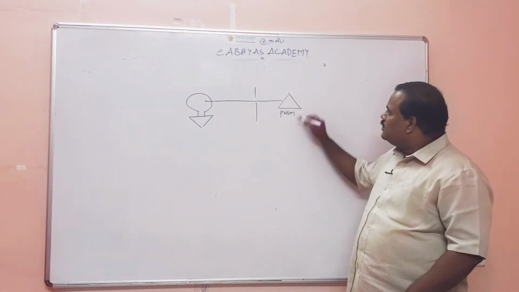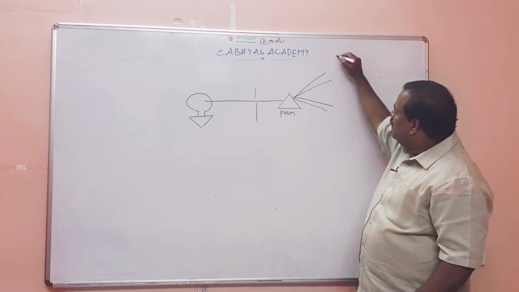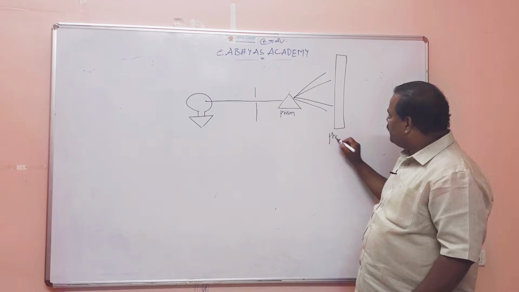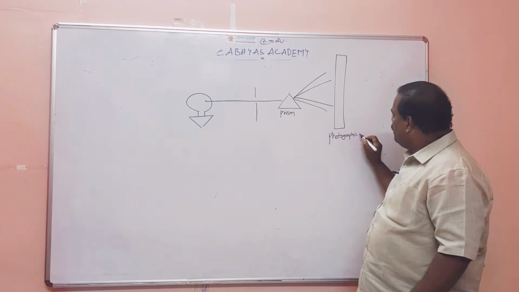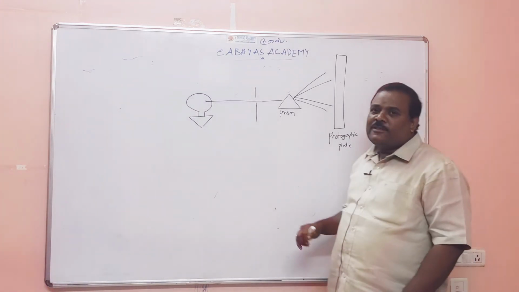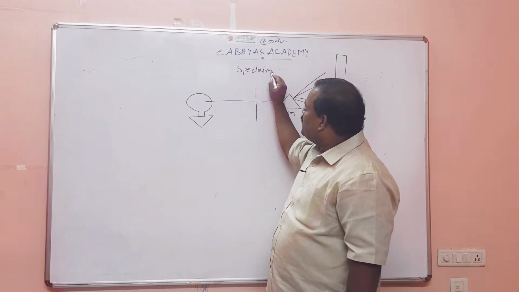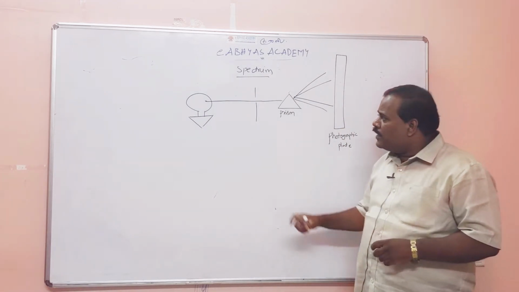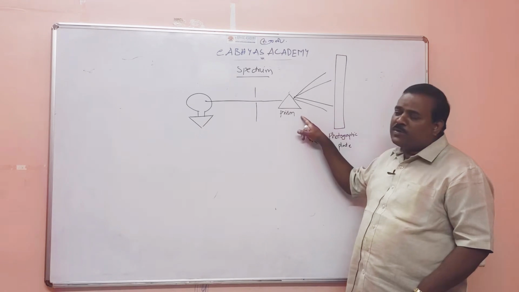Prism causes dispersion of light like this, and when the light is allowed to fall on photographic plate, spectrum is recorded. Thus we can say spectrum means the impression developed on photographic plate when the light coming from the source is analyzed through the prism.